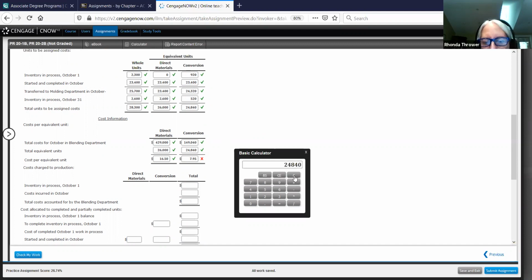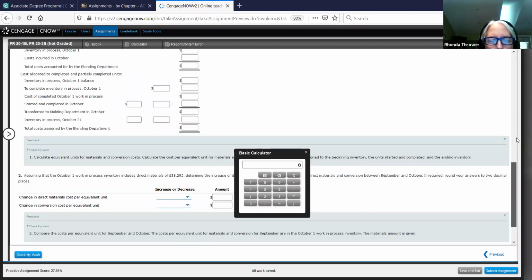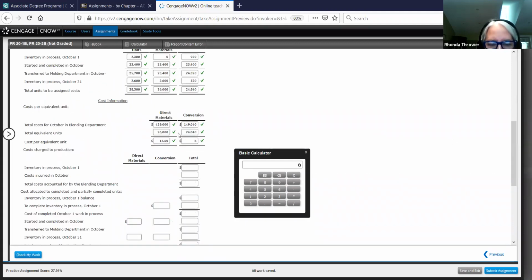And that will give you $6. So $6 is our conversion cost per unit. Make sure you check your work because this has got to be right before you move on to the next part.